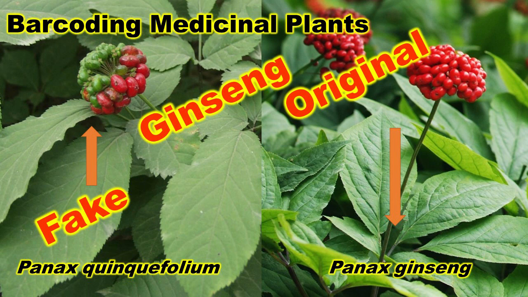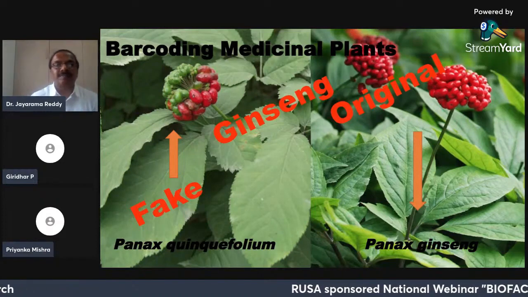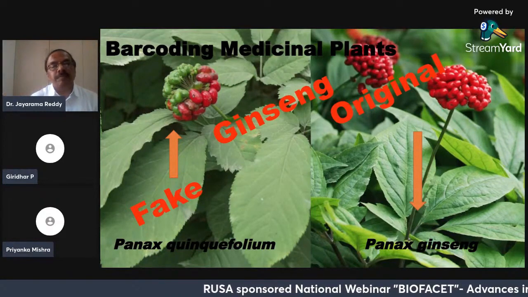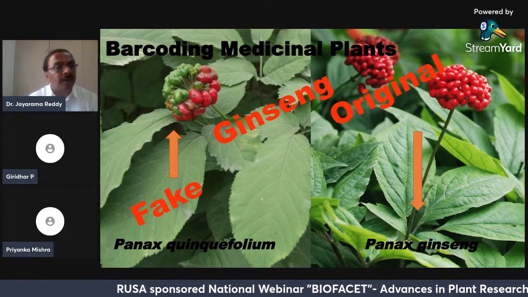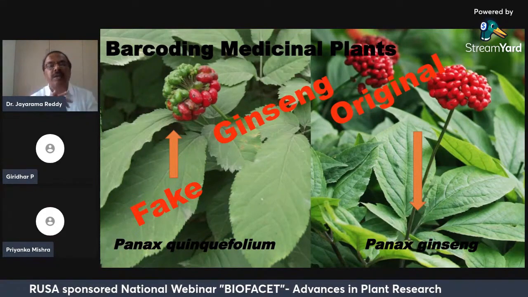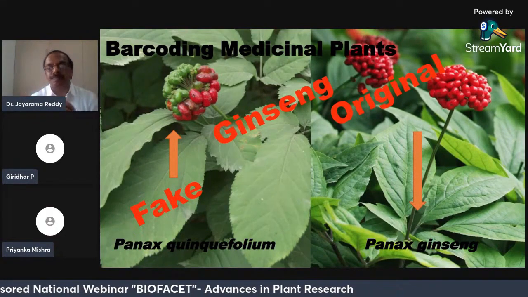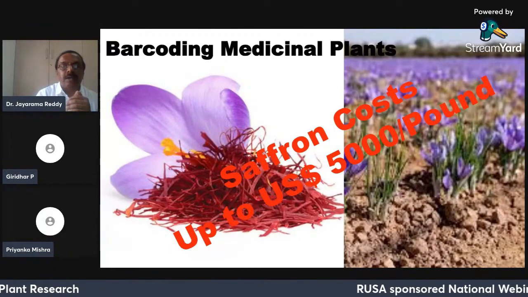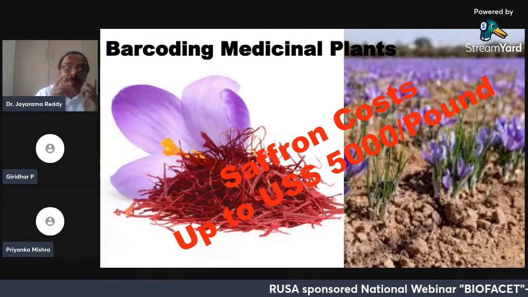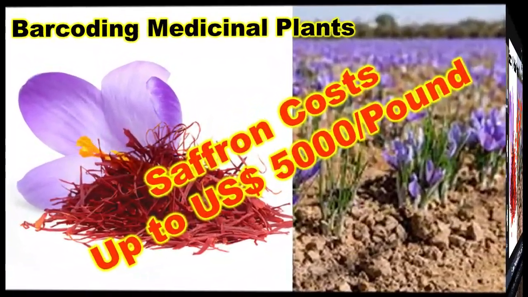We have two plants on the screen. On the right hand side we have Panax ginseng, the original ginseng. On the left hand side we have Panax quinquefolia, which is a fake. Even for taxonomists it becomes difficult to differentiate, because these two plants look similar. Cost in the US market is $5,000 per pound. It may be less in India.